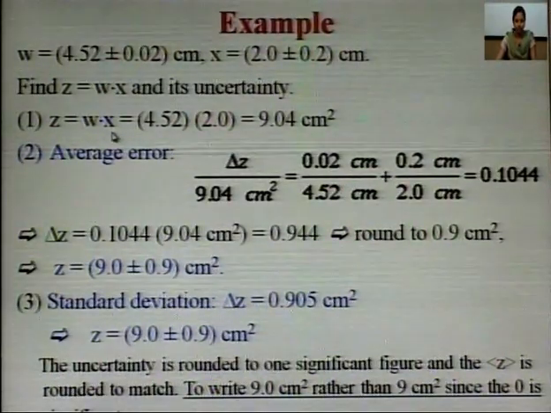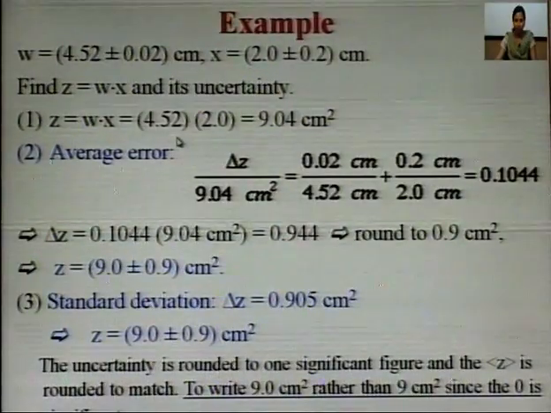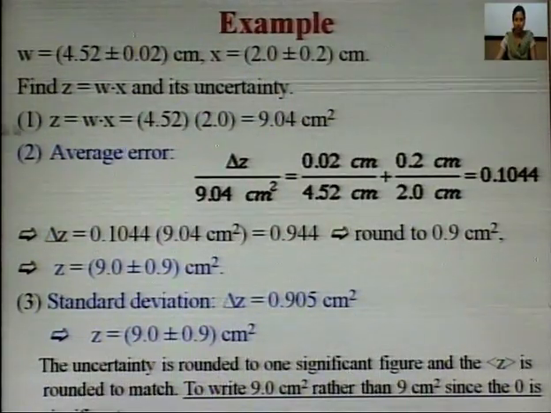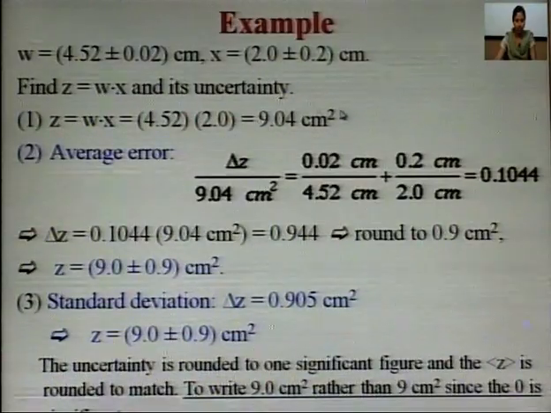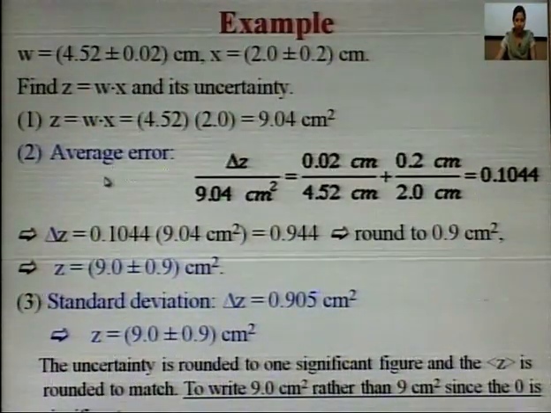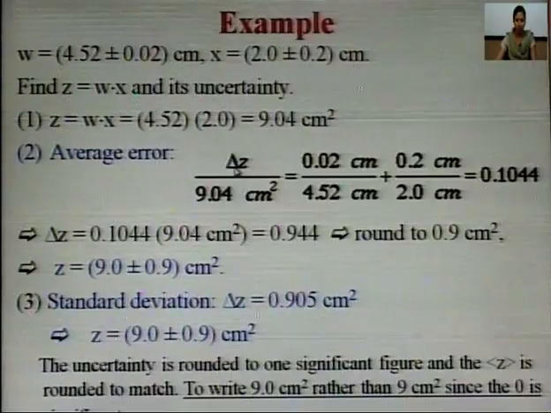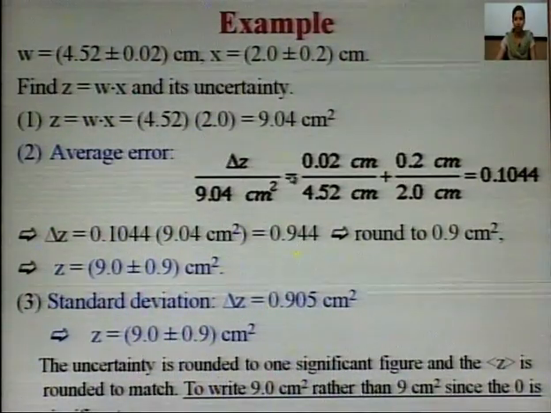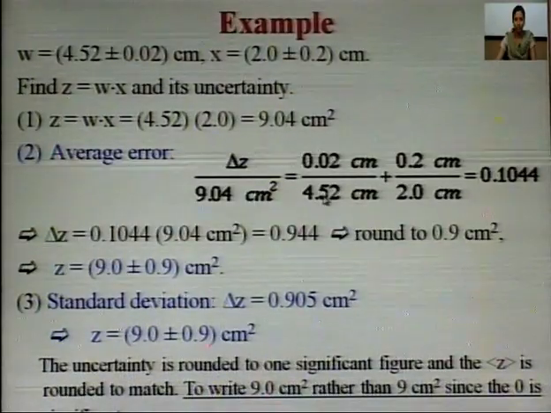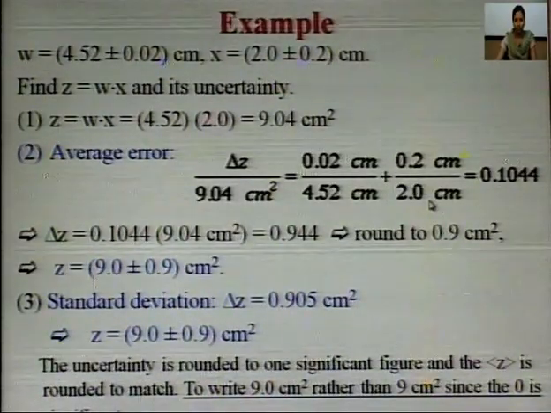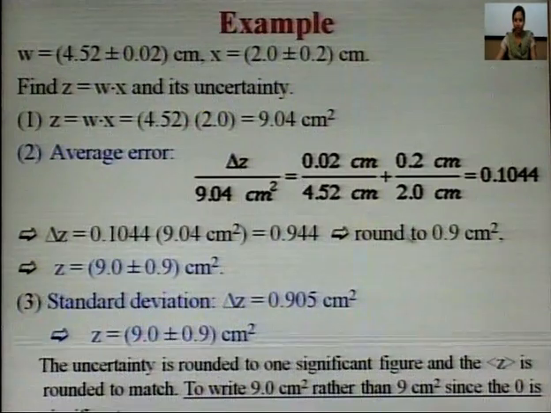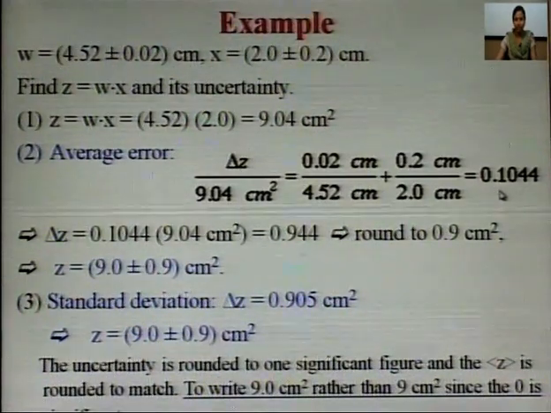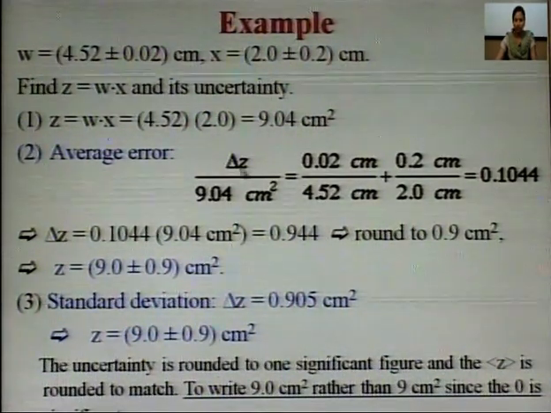Z is equal to W into X. W is 4.52 and X is 2. So, Z is 9.04 centimeter square. Average error is equal to delta Z upon Z, Z is 9.04, is equal to delta X upon X plus delta Y upon Y. Upon calculating this, we will get 0.1044.